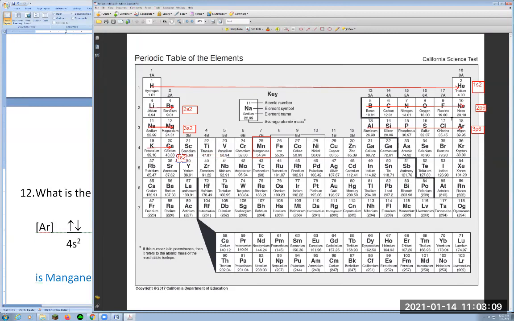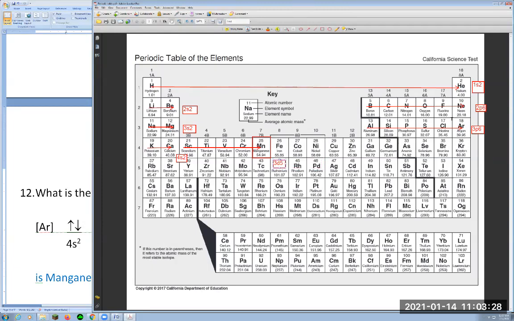Up to that point. And then to reach manganese, it's 3d5.